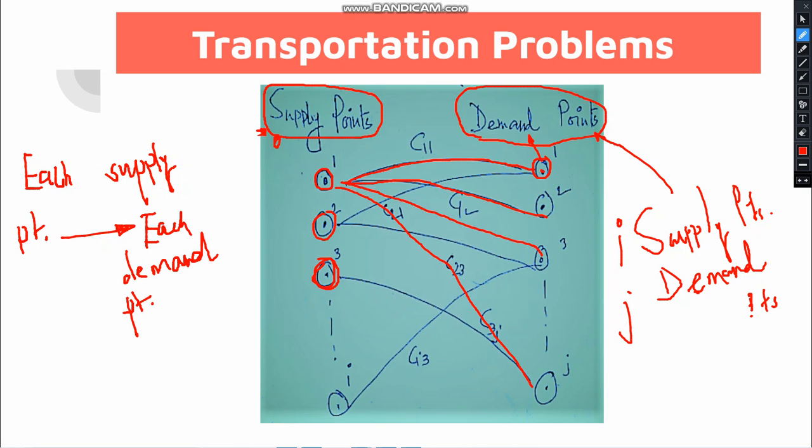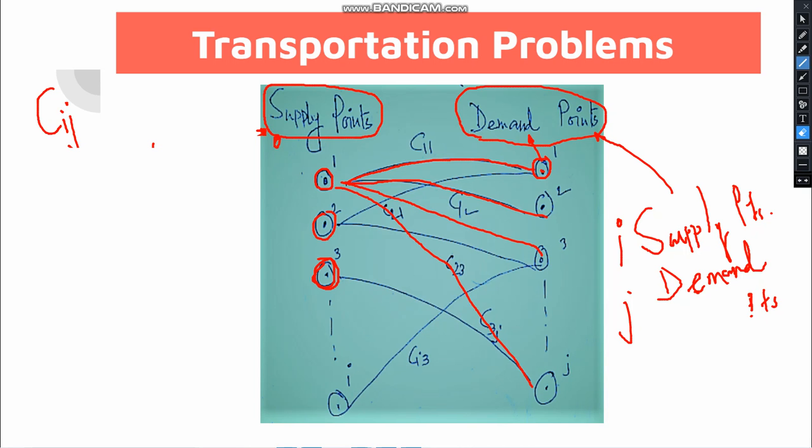The material can be supplied or transported from each of the supply points to each of the demand points. Transportation of this material will obviously involve some cost. So this is the cost, Cij. What do we mean by this Cij?